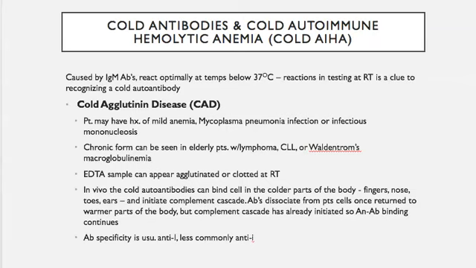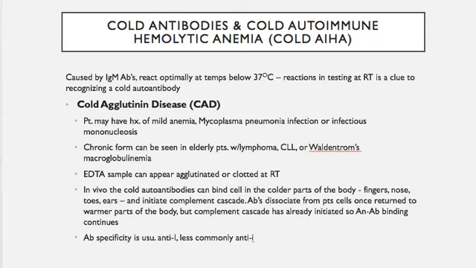Cold agglutinin disease. The patient may have a history of mild anemia, may have a history of Mycoplasma pneumoniae infection or infectious mono. The chronic form of cold agglutinin disease can be seen in elderly patients with lymphoma, CLL, or Waldenstrom's macroglobulinemia.